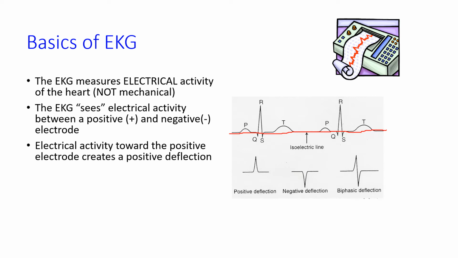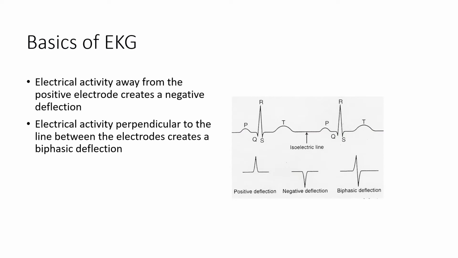So all of these impulses that are these spikes that are positively deflected, the view is from a negative electrode looking towards a positive electrode. And the electrical activity away from a positive electrode towards a negative electrode will cause a negative deflection.